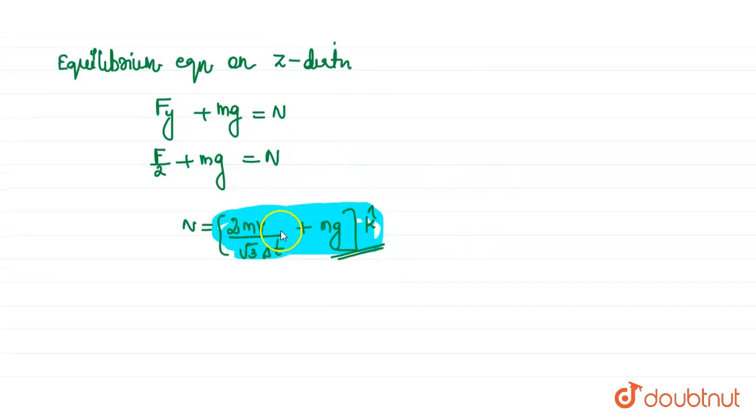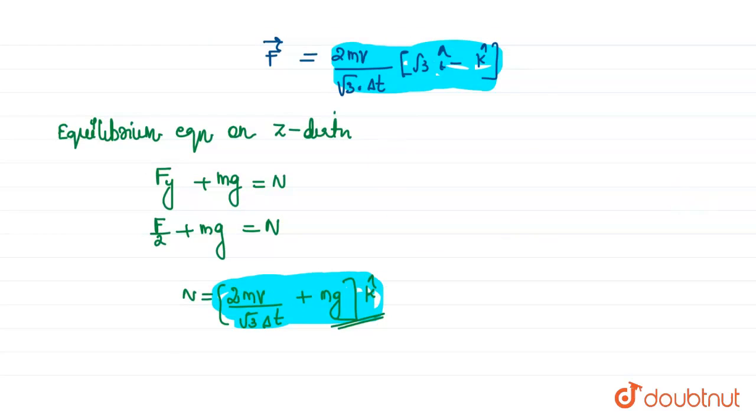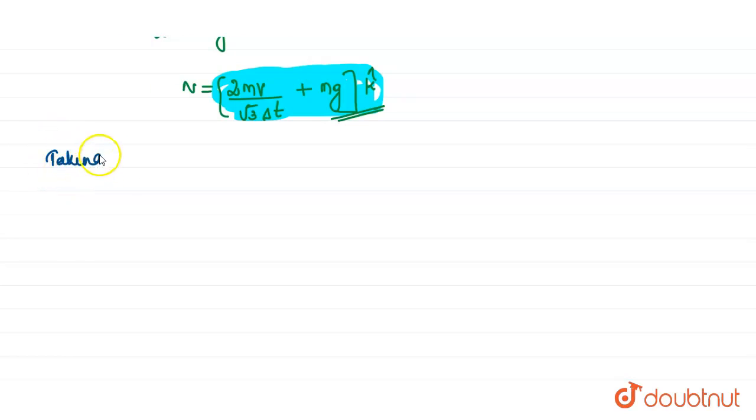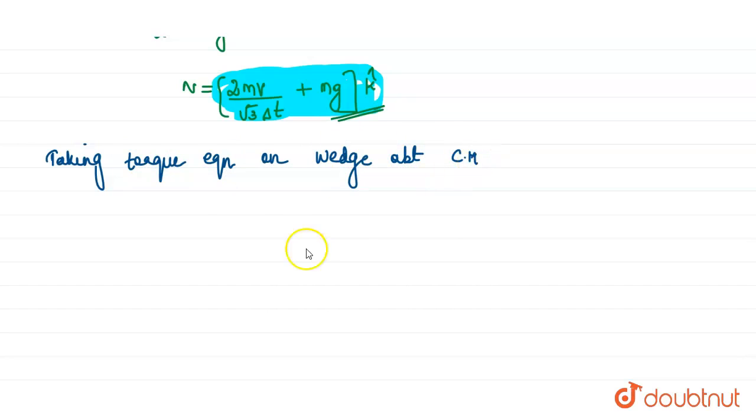Then we can analyze the next question. It is asked to find the torque due to the normal. So taking the torque equation on the wedge about the center of mass, since it is not rotating, we get force into perpendicular distance h, plus the torque due to the normal component, plus mgh is equal to 0.